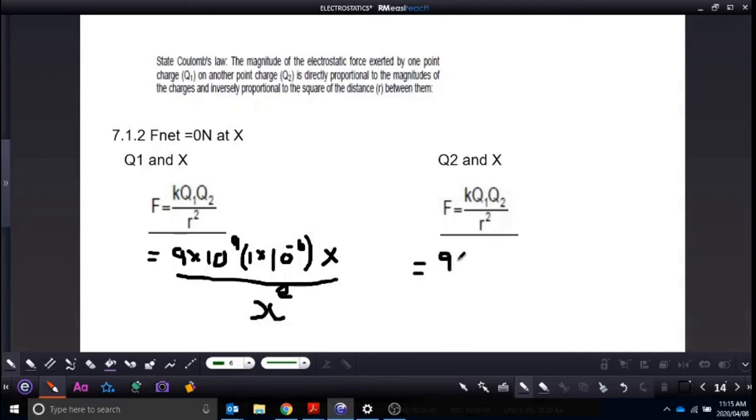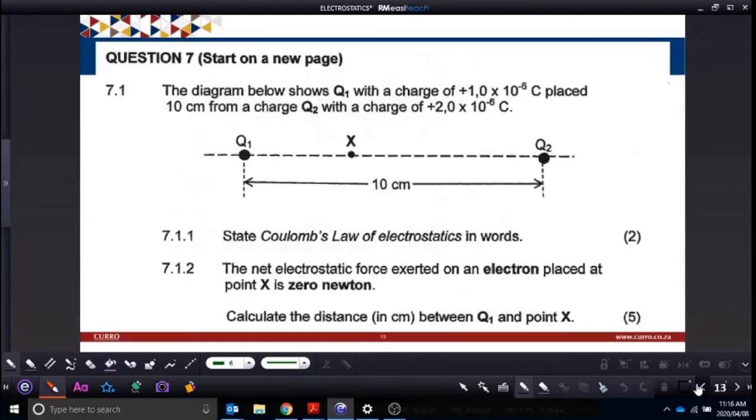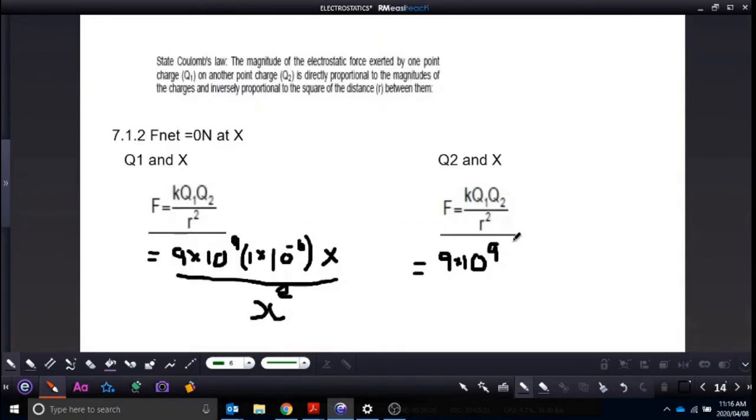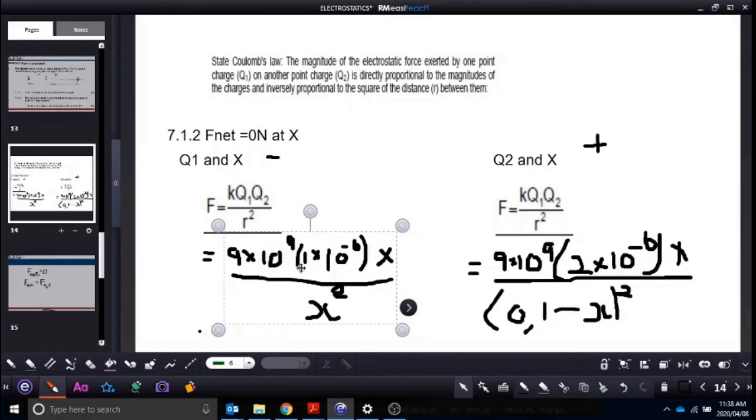Okay, the same for F2. It's 9 times 10 to the power 9. Okay, the charge is 2 times 10 to the power minus 6. Again, this is X. So let's just copy it.